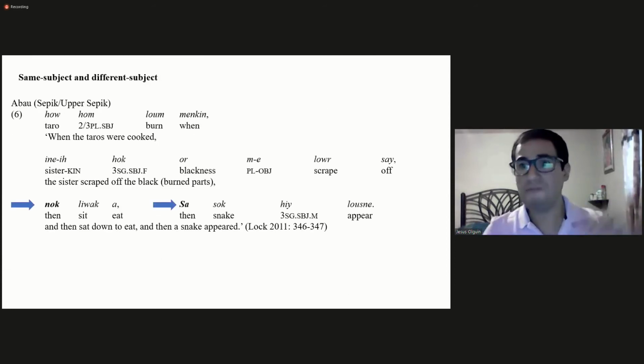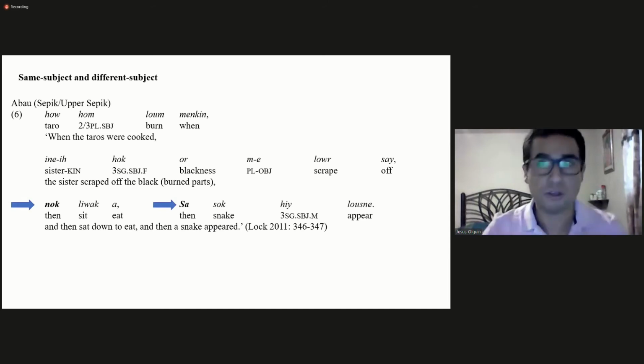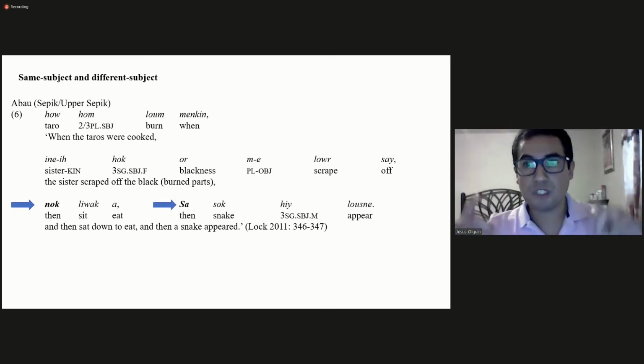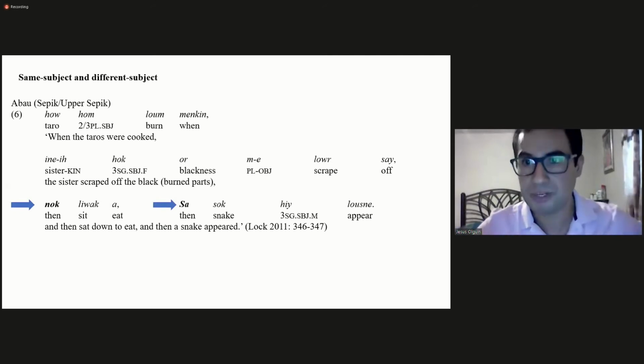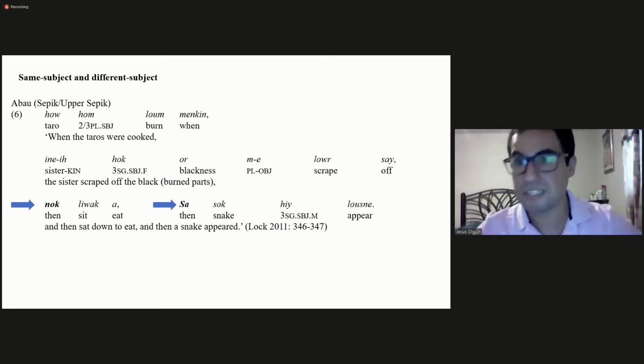So probably one factor that is going to lead speakers to choose one device over the other one is that in many languages of the sample, I will not provide the numbers for the sake of time and space, there are languages that may have two and-then devices. One of them is used to express a same subject situation, and the other one is used to express a different subject situation.